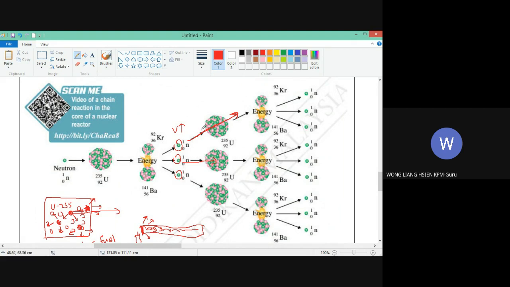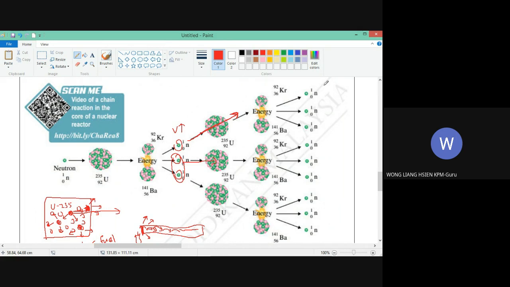But if you insert a boron rod, let's say out of the 3 neutrons, 2 are absorbed by the boron, so only 1 neutron goes into uranium. This uranium splits and produces 3 neutrons, and let's say these 2 also get absorbed, leaving 1 only, and this one is not successful in getting into other uranium. Then the chain reaction will stop.